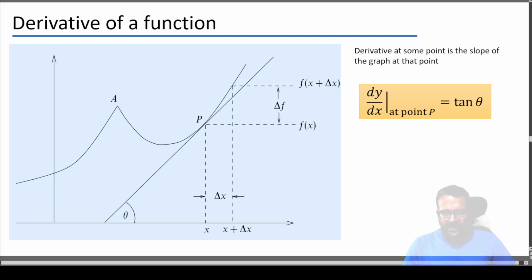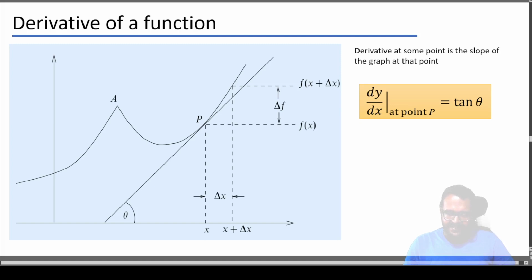Then your y increases by this. If you make it very, very small, then this increment and this increment will be the same.